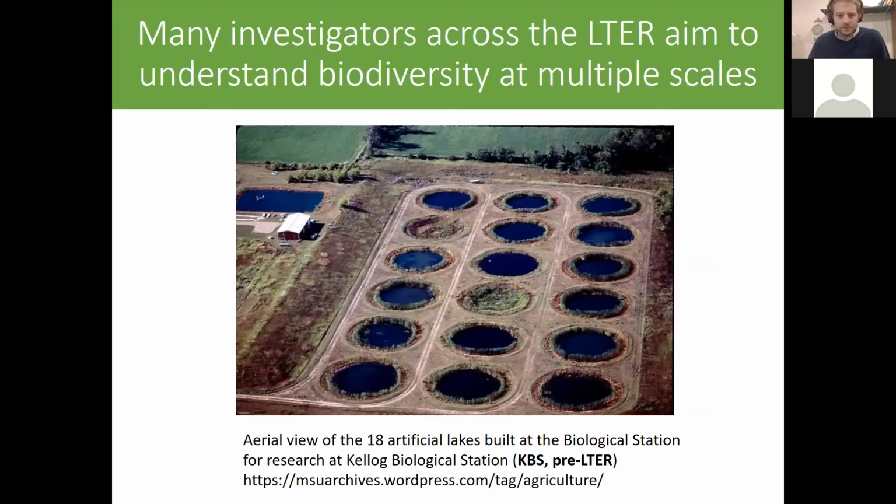And so one of the main motivations of this working group is that many investigators across the LTER, when they ask questions about biodiversity, are trying to understand biodiversity at multiple scales. And a lot of field experiments or field observational studies look something like this. This slide is a picture of ponds that were built at the Kellogg Biological Station pre-LTER.